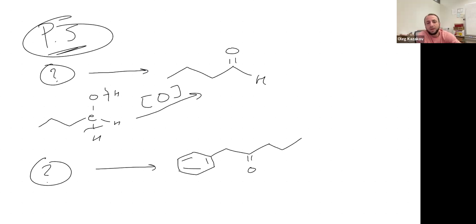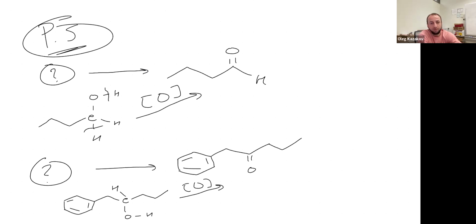Right? So how do we build the secondary alcohol from this? Okay, well, let's redraw the molecule. We are going to add H to O, and we're going to add H to carbon. That's it. That's our secondary alcohol, which upon oxidation will indeed give us the respective ketone, right?